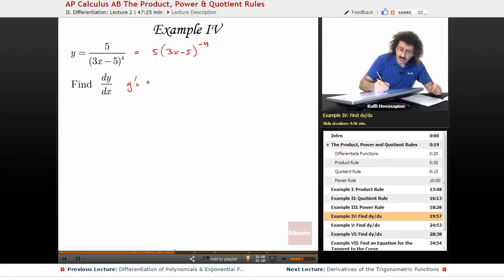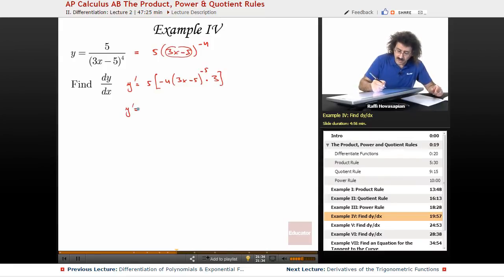Okay, so let's go ahead and do y prime here. So y prime equals 5. This is a constant. I'm going to bring this down, minus 4 times (3x minus 5) to the minus 4 minus 1, to the minus 5 power, times the derivative of the inside, which is 3.